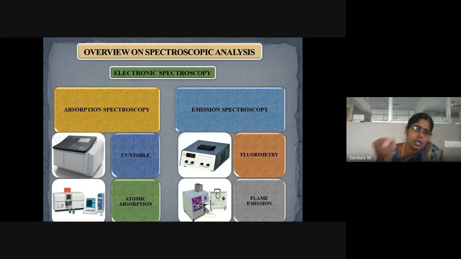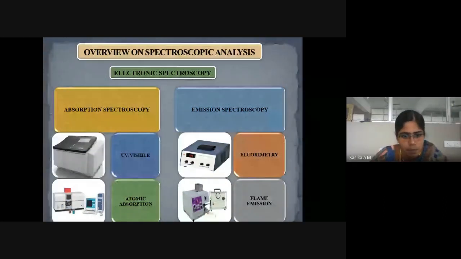What is emission? The same. Whatever radiation is absorbed by the molecule will be emitted, coming out from the sample as radiation. That radiation is analyzed, and both qualitative and quantitative analysis is carried out on the emitted light from the molecule or atom. So it is called emission spectroscopy.